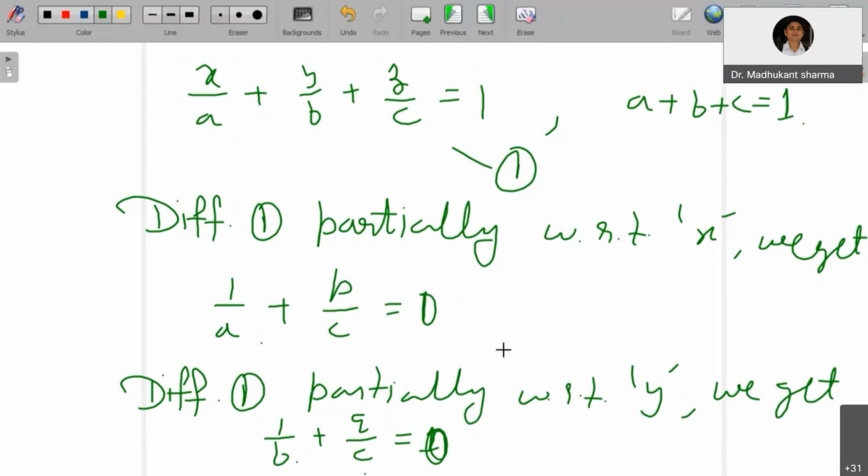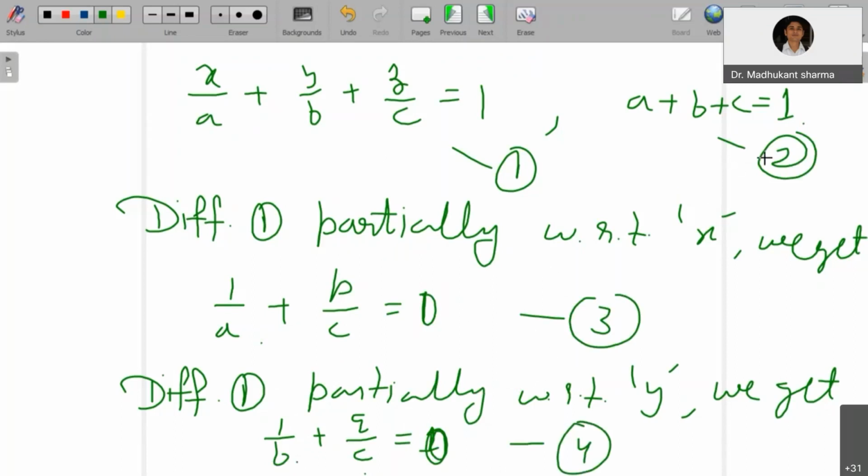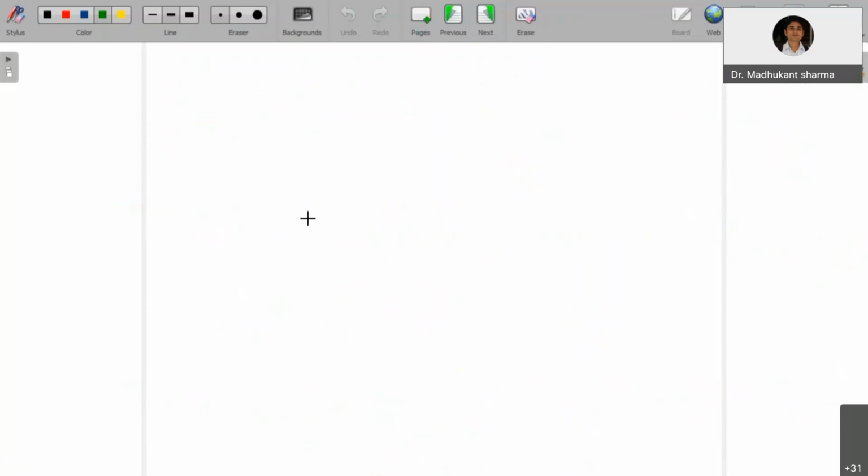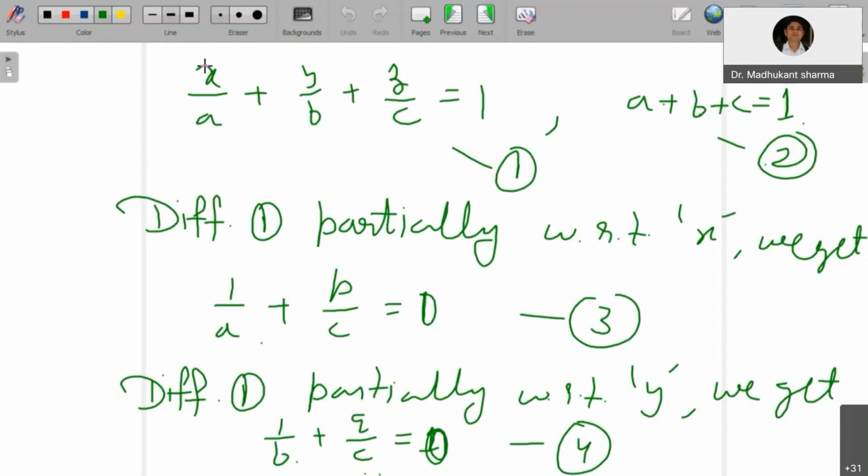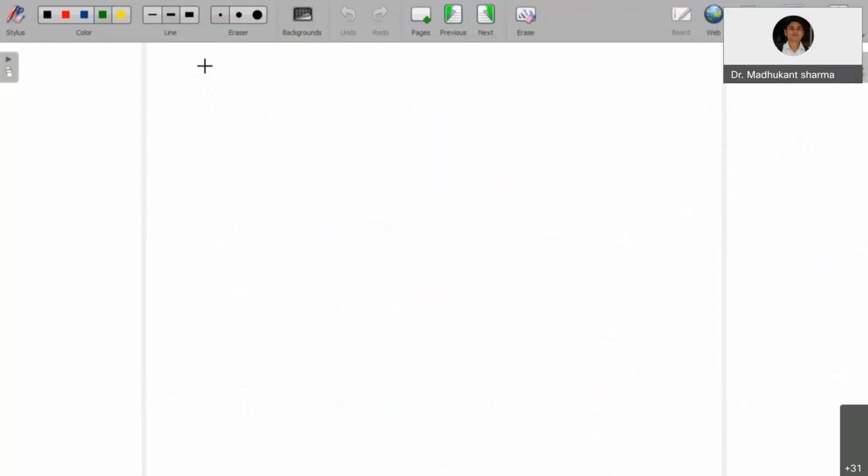You can call this second, this is third, this is fourth. So from 2 and 3, you can replace c by 1 minus a minus b. So from 3, let's simplify it.